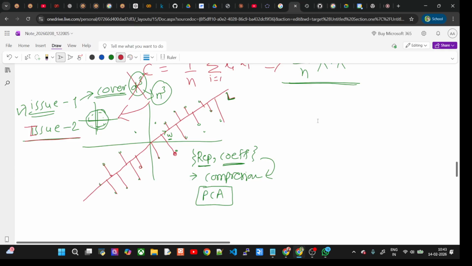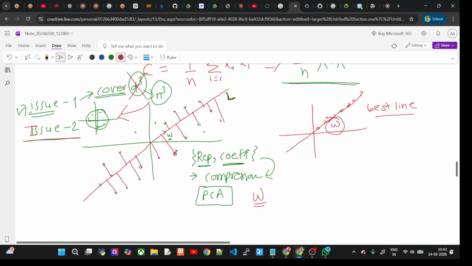So finally we need some kind of w, that is the eigenvector, which gives the maximum variance. Like I know that this side is giving the maximum variance, so I need this w instead of the other w. So this is the best line which we get, and this is the w.